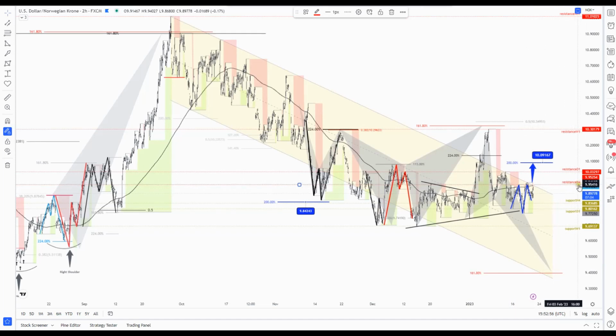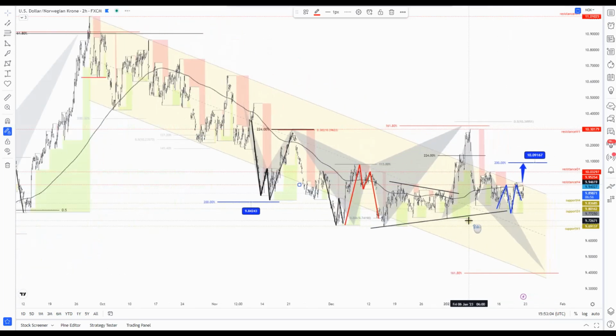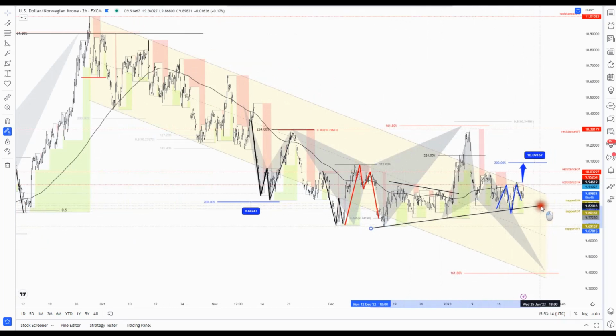I will call your attention to this fractal for a specific reason. Some of you are already familiar with the pattern the market is printing for us. So at some point, when I shared this chart before with you, when we saw the price reinforcing this trend line support right there, we started to pay attention to the potential breakout below this trend line.